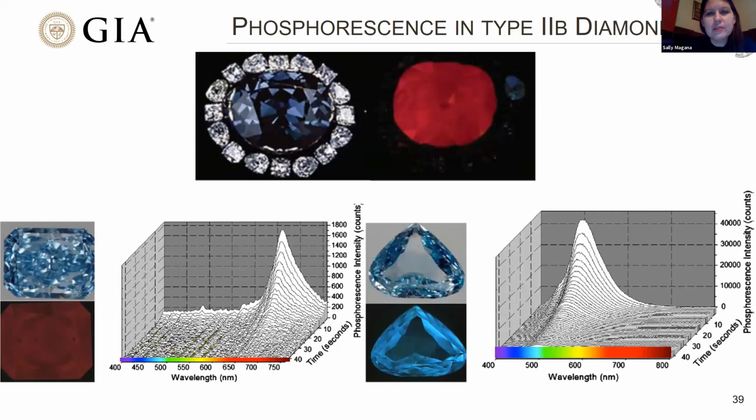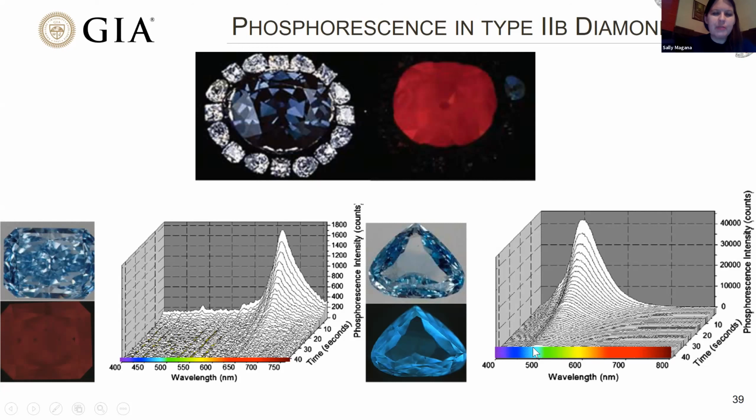This slide shows the phosphorescence in type 2B diamonds. The Hope diamond is one of the most famous examples that shows this red phosphorescence. And one of the things that we saw with studying the phosphorescence in natural type 2B diamonds is that all natural type 2B diamonds have either a phosphorescence band at 660 nanometers or a phosphorescence band at 500 nanometers.